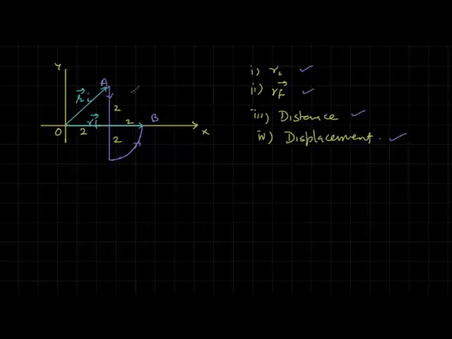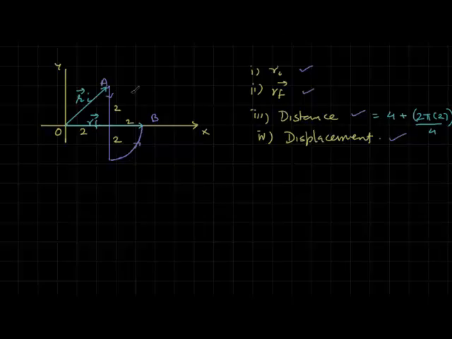This is the final position vector, Rf vector. Distance is the length of the path. So this distance plus this distance. So in this case, this becomes 4 plus 2 pi r, where r is 2, divided by 4. So 1/4 the complete circumference of the circle.